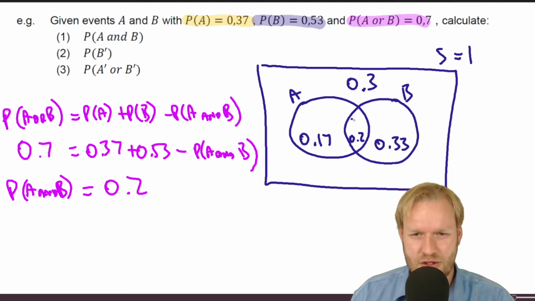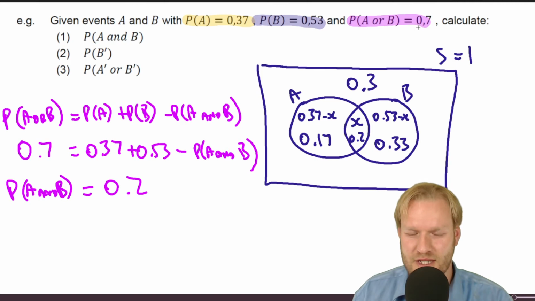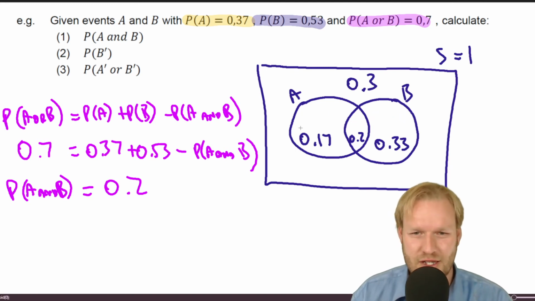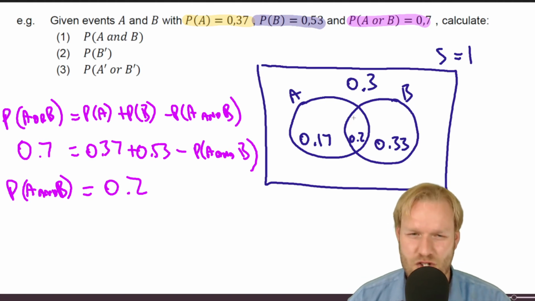We could have called this X over here, this 0,37 minus X, and this one 0,53 minus X, and added those three things together to get 0,7. We would have got the same answer. Two different ways of doing it. I personally think just plug it into the formula and it gets you there, or do it like that, using the visuals as well, so up to you.